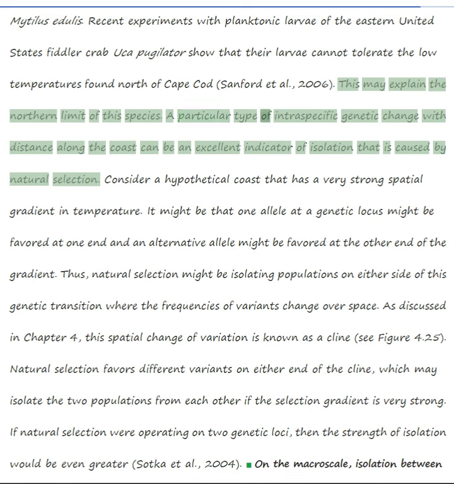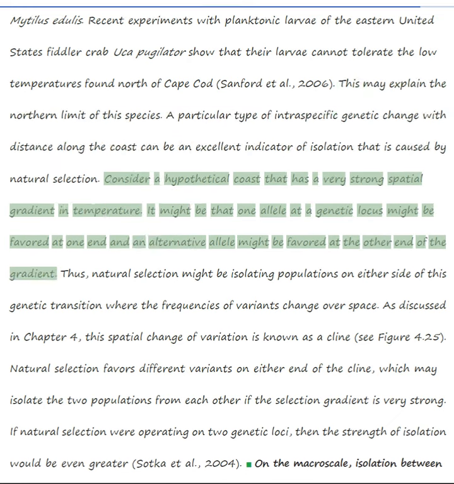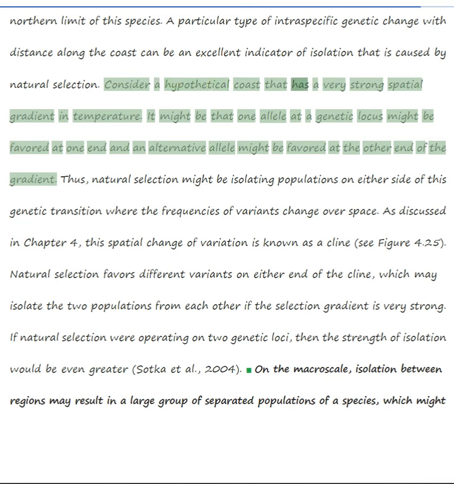A particular type of intraspecific genetic change with distance along the coast can be an excellent indicator of isolation that is caused by natural selection. Consider a hypothetical coast that has a very strong spatial gradient in temperature. It might be that one allele at a genetic locus might be favored at one end and an alternative allele might be favored at the other end of the gradient.